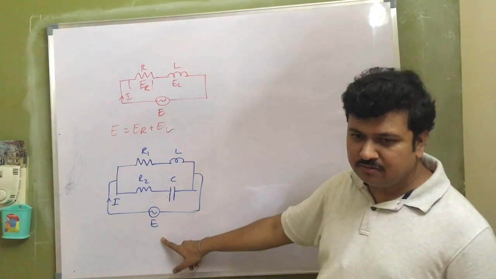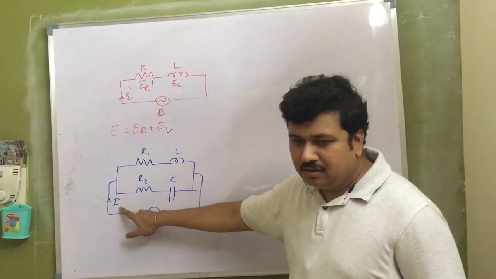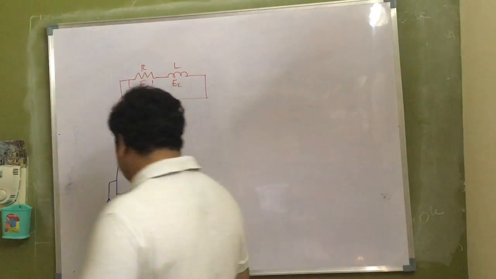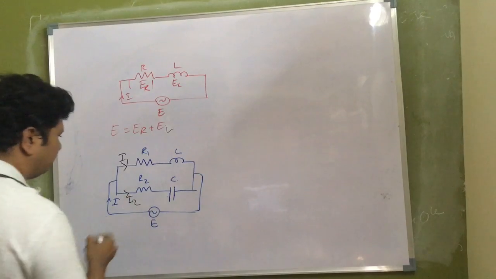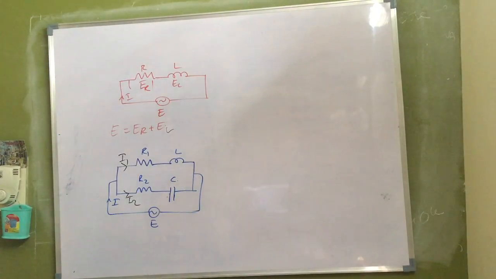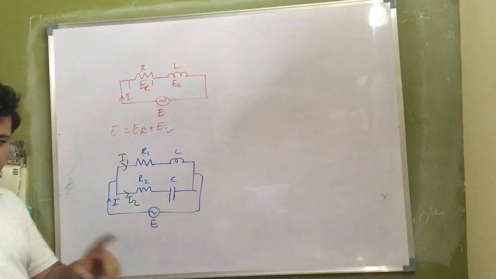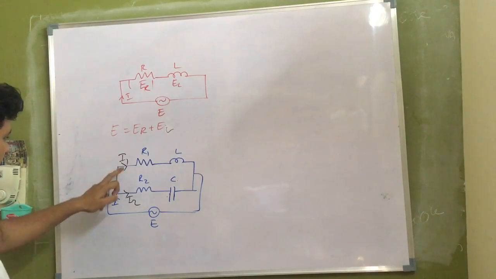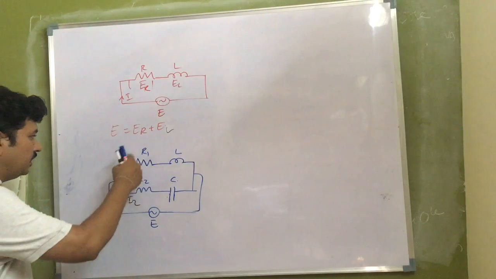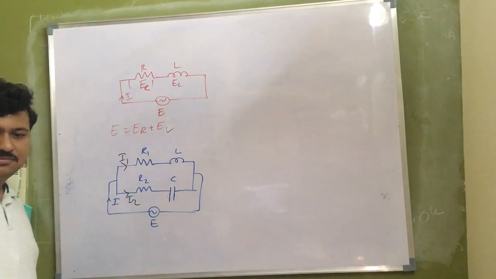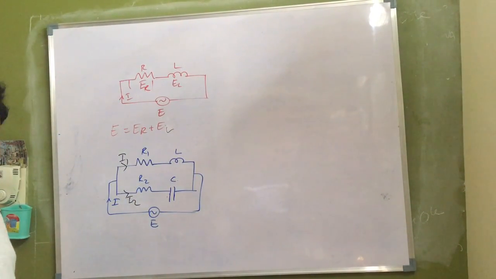It is E. What is the value of current I? It is the sum of currents in each branch, I1, I2. So I get here one vector of voltage and three vectors of current, provided I don't add the voltage across this. Let us not complicate that.